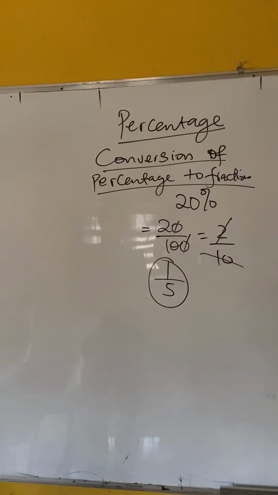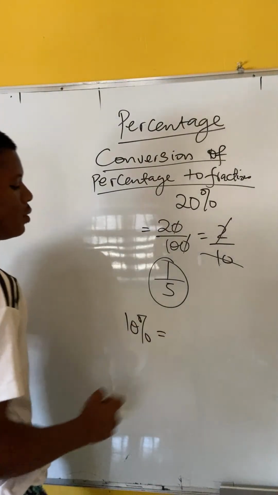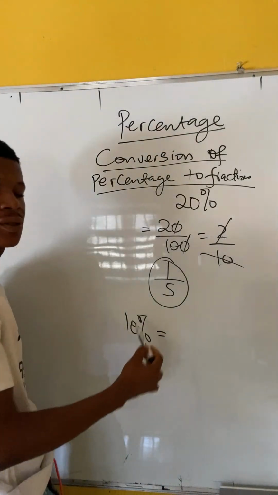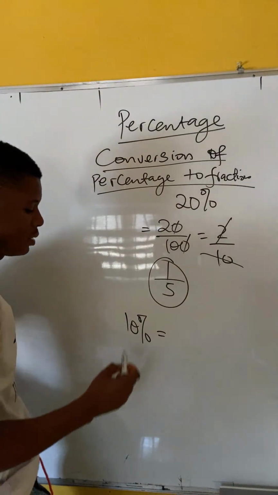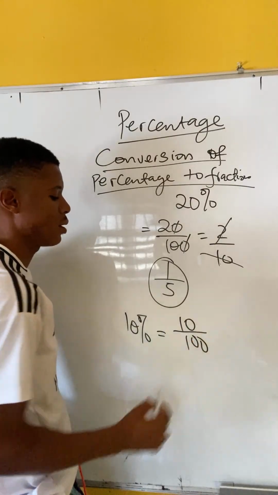Good. Let's look at the next one. Let's say we have 10%. When you have 10%, you first of all have to express it in the ratio of 100. 10% is the same thing as 10 over 100.